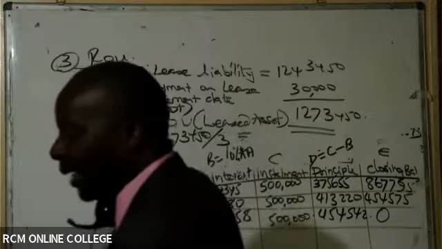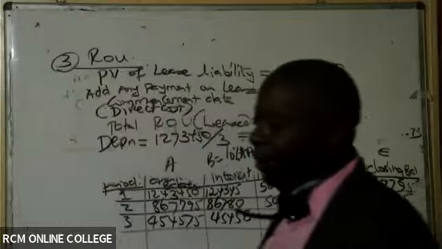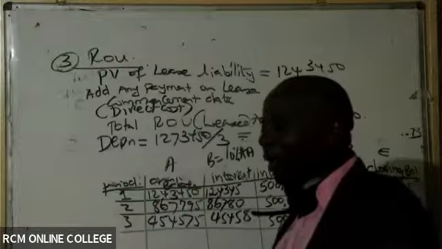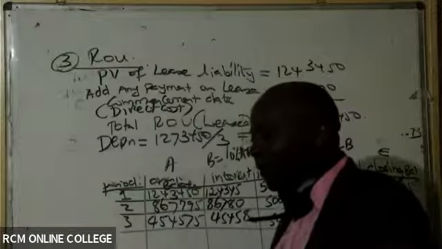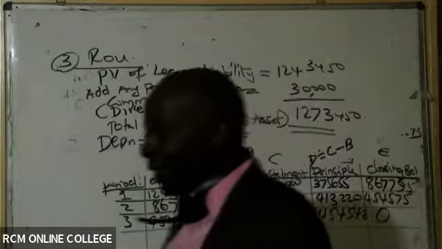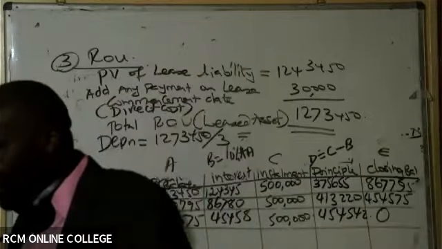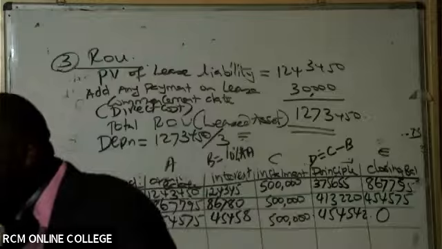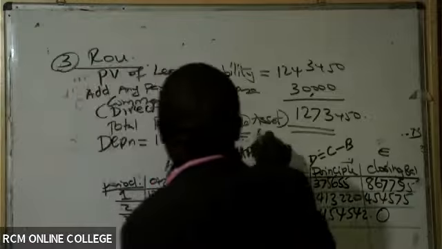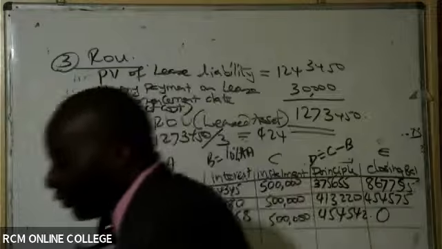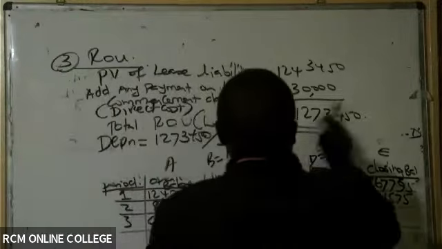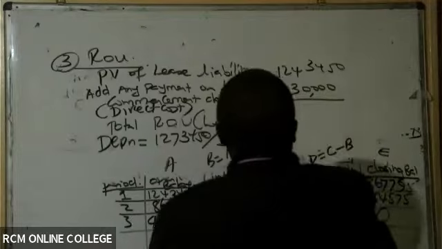I want a whole number answer. You guys in your exam will write 2 decimal places, but for my case today, I'm only writing whole numbers. So divide by 3. So what are we getting? 424,483.